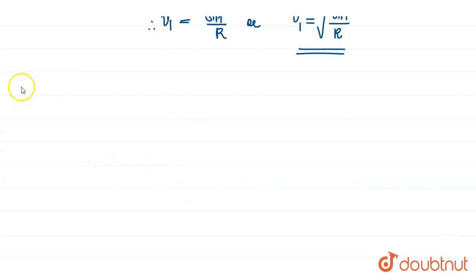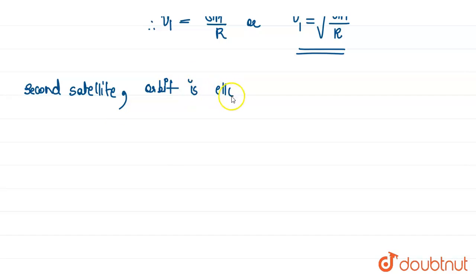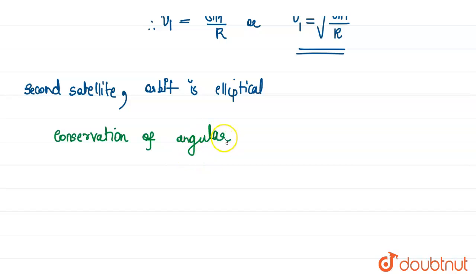Next we can check the second orbit. For the second satellite, it is mentioned the orbit is elliptical. So for an elliptical orbit, we need to use conservation of angular momentum. Considering conservation of angular momentum, what is the initial position?